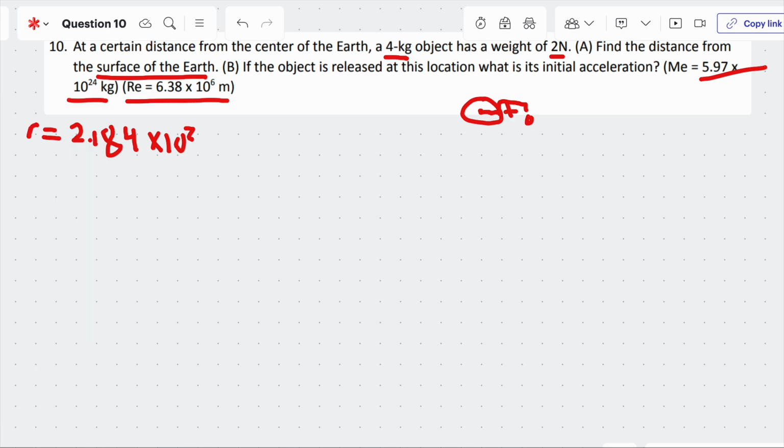We are picking a different color. Okay, if the object is released at this location, what is its initial acceleration? So, I'm going to use our acceleration of gravity equation. That equals big G times mass of the thing supplying the gravity, which in this case is Earth, divided by our radius squared.